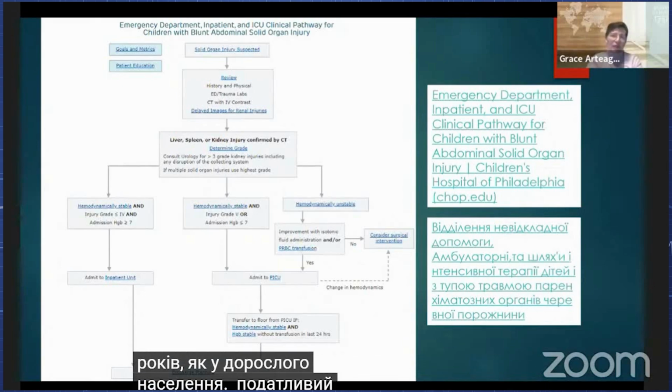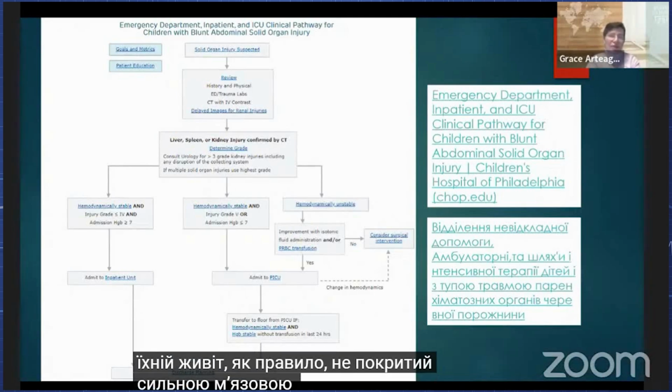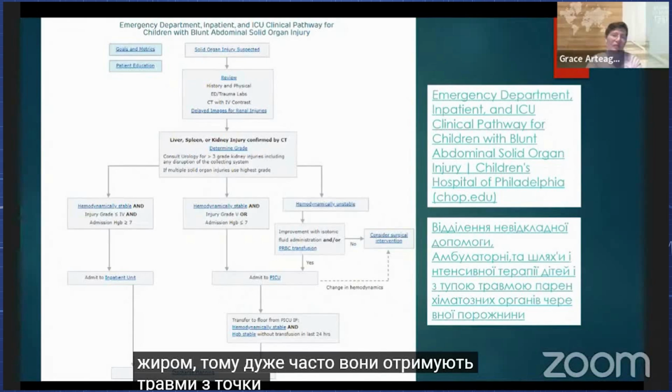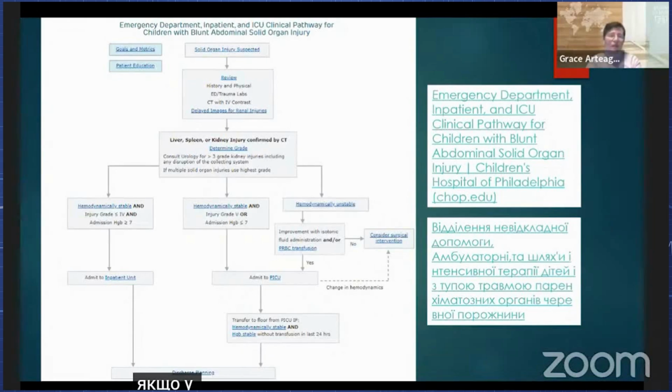Their chest is very compliant. Their abdomen tends to not be covered by a strong muscle mass or by fat. So it's very common that they get injured from the liver, spleen, or kidney standpoint.